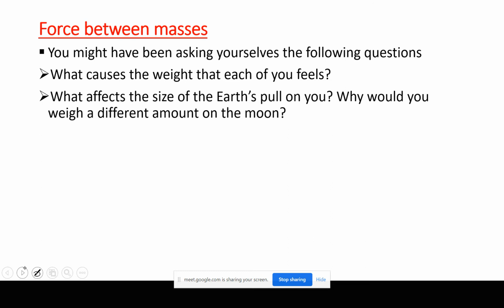So the size of the Earth's pull on us will depend on our mass, and we would weigh less on the moon because of the mass of the moon compared to the mass of the Earth. Somehow the strength of the gravitational field depends on the large mass.